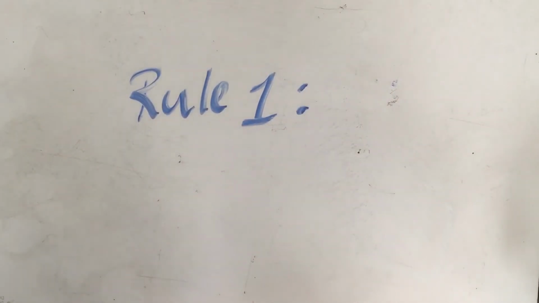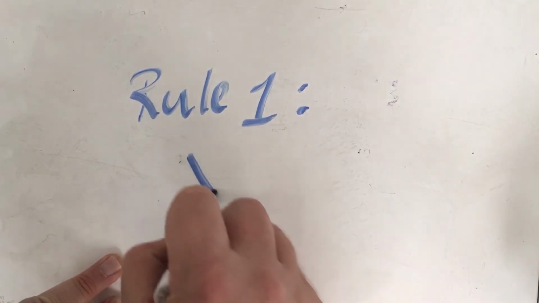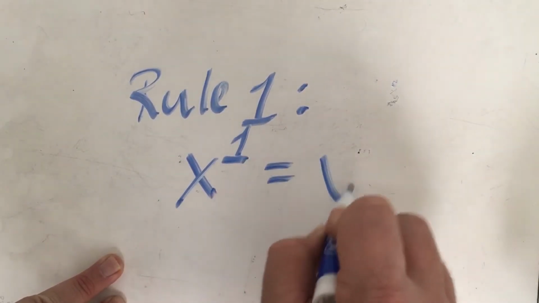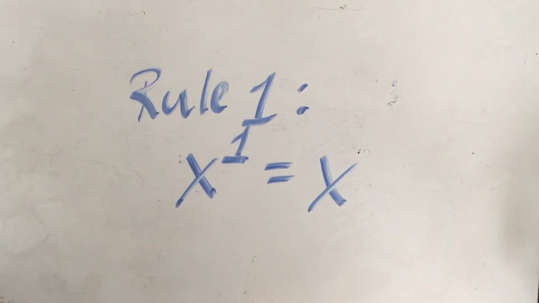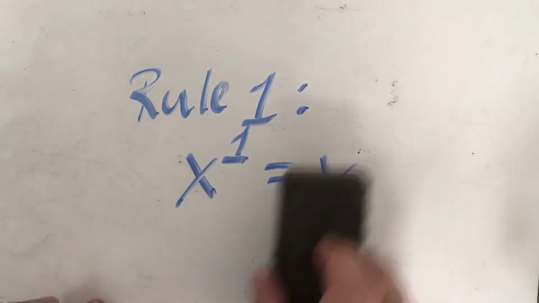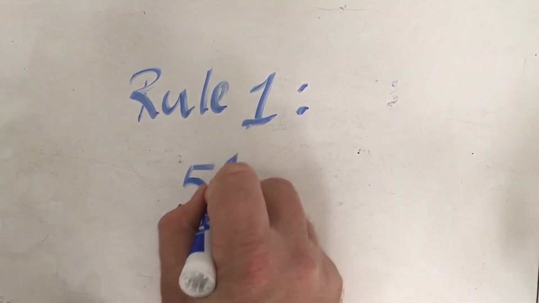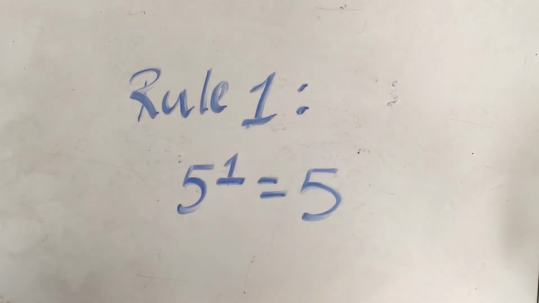Rule 1, real simple. Anything to the first power is just itself. X to the first is x. 5 to the first is 5. And why is this?